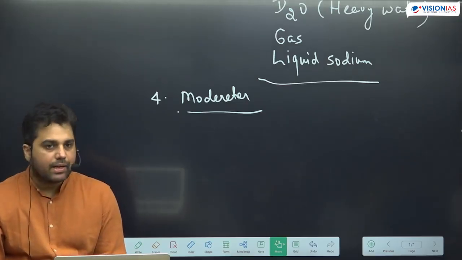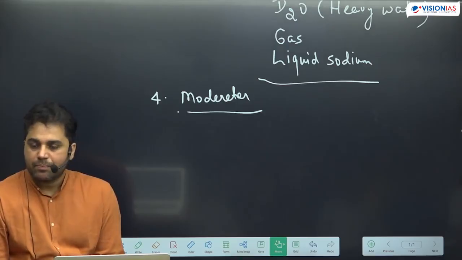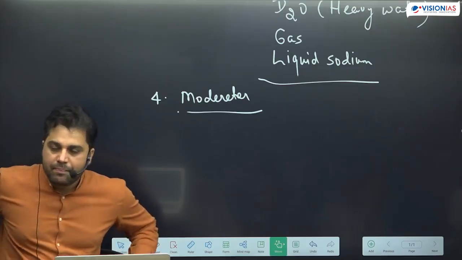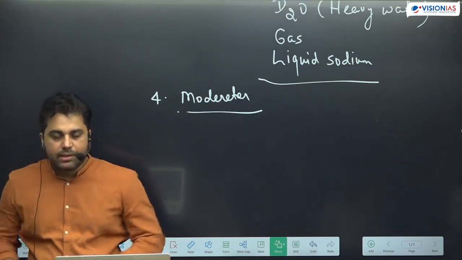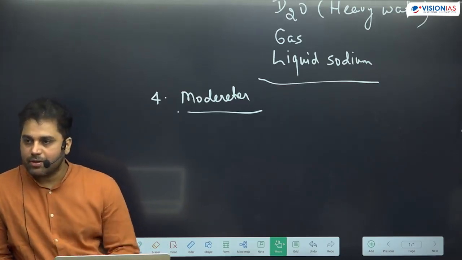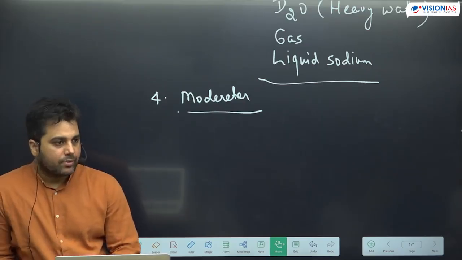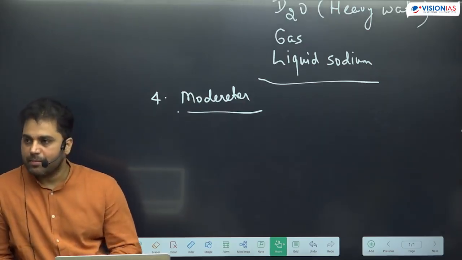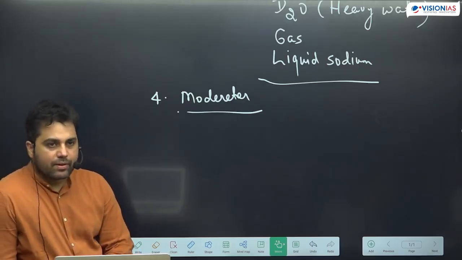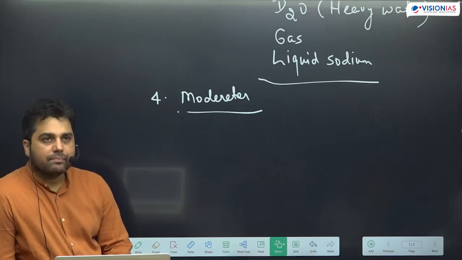So hydrogen is 1H1, but deuterium is 1H2. It turns out that deuterium is not as prevalent as hydrogen, but it is there. Deuterium is found in nature, and the same way hydrogen can react with oxygen and form water, deuterium can react with oxygen and form heavy water. So heavy water is not salty water. We are talking about water made of deuterium.